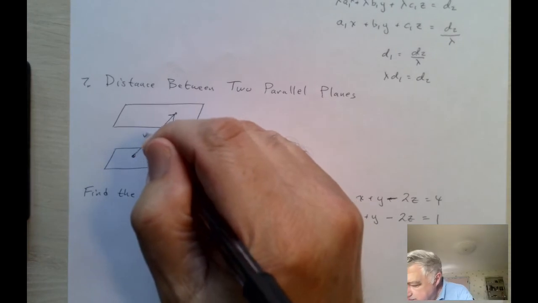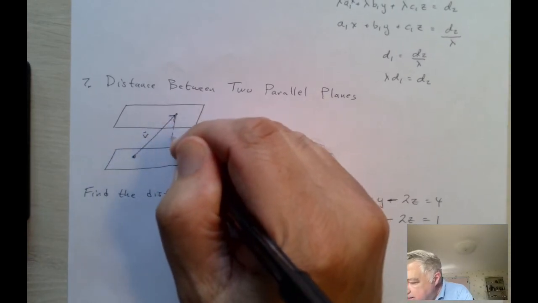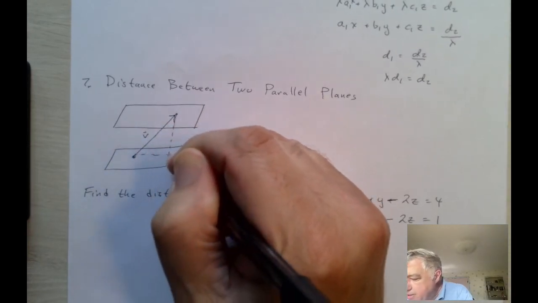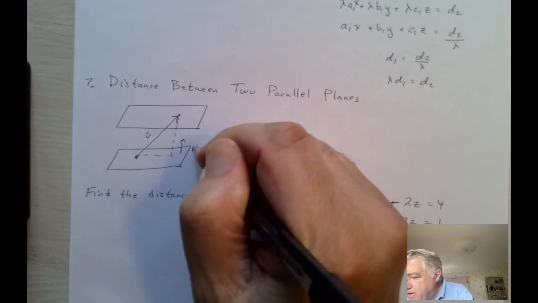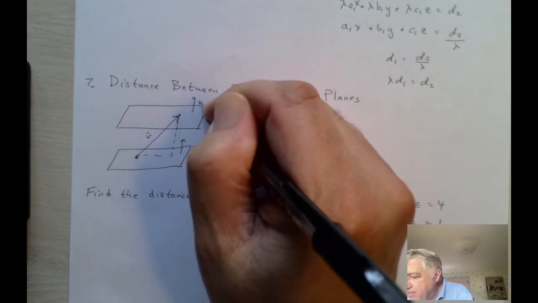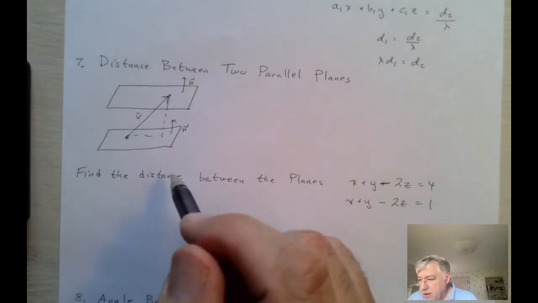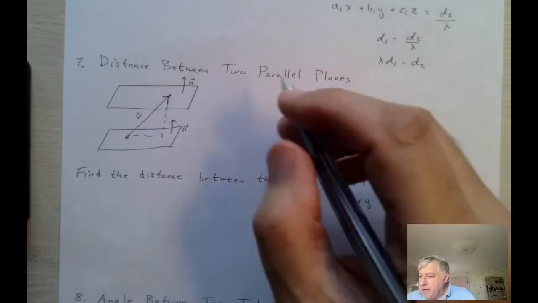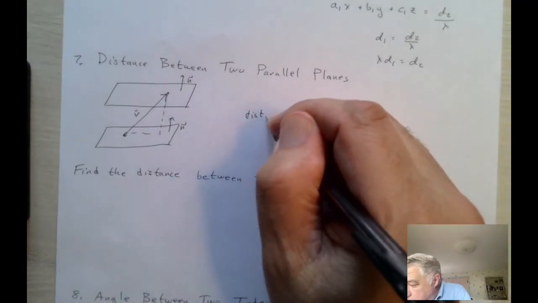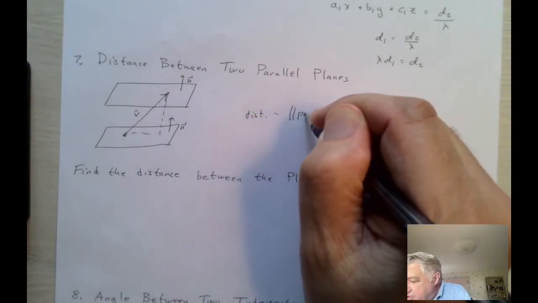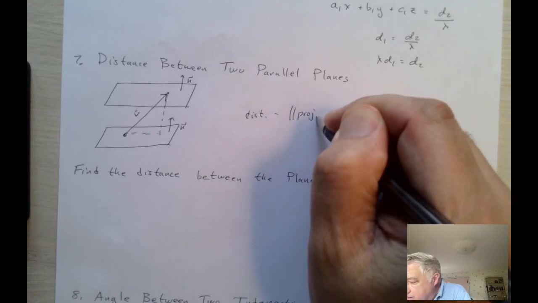Calling this v, we want to find this distance. Both of these have the same normal vector n, if they're parallel. And so the distance will once again be the length of the projection of v onto n.